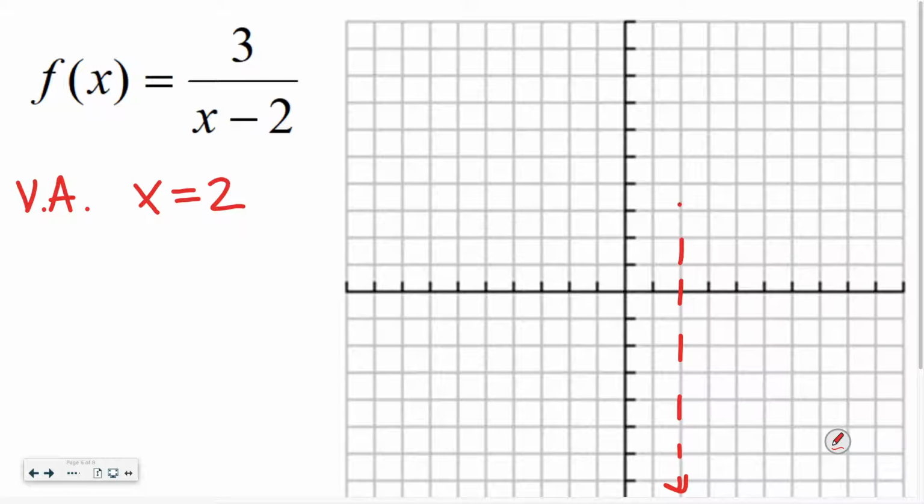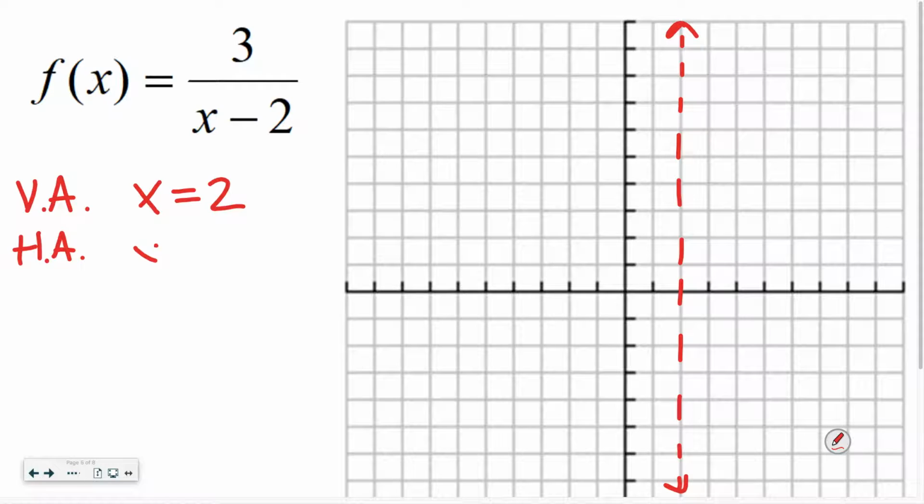And we plot it. Okay. Our horizontal asymptote. The degree of our denominator, same or bigger as the numerator. Our denominator has a bigger degree.